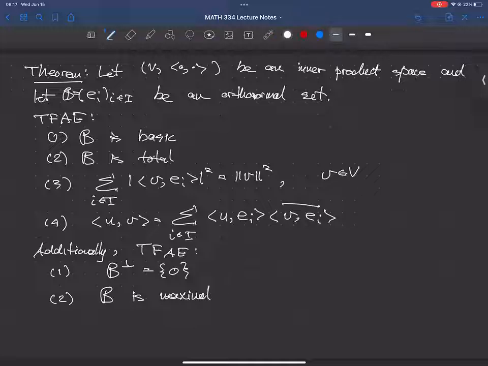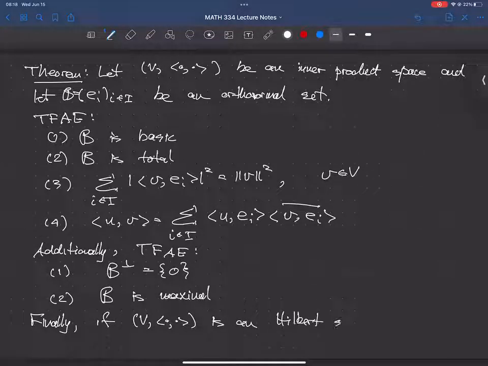And then finally, if B is Hilbert space, all 6 statements are equivalent.